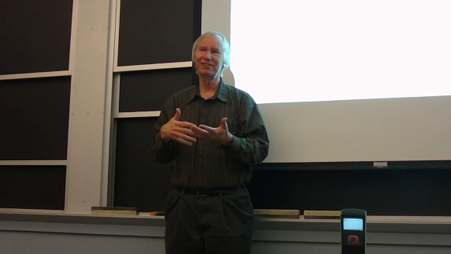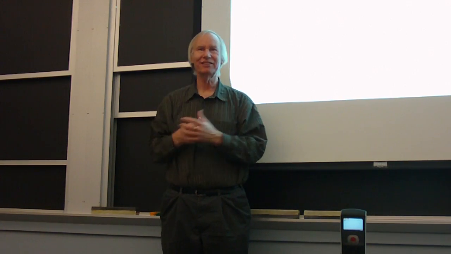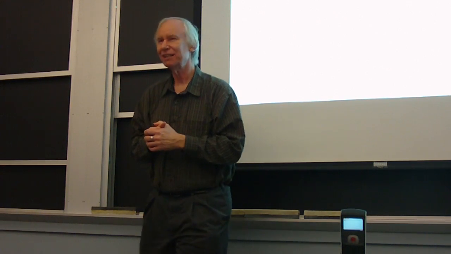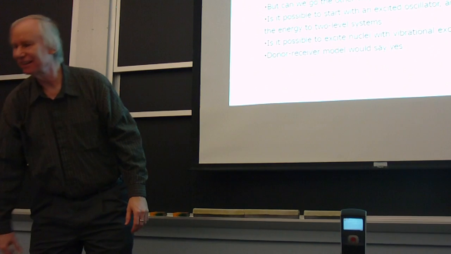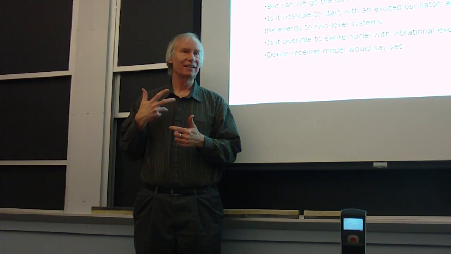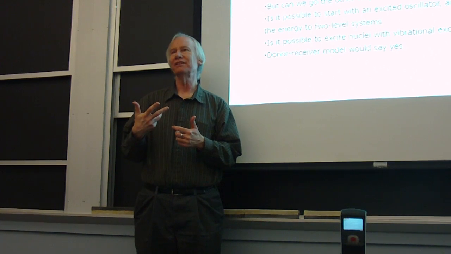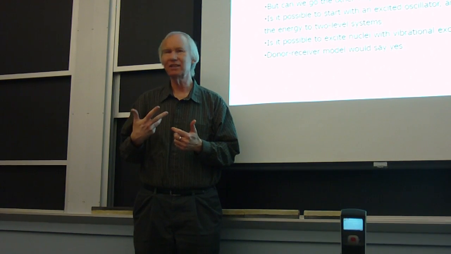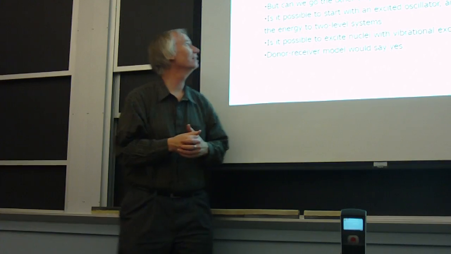That these models say that you should be able to go from vibrational energy and get the energy back to the nuclei. And I thought, well, that would be really interesting. If we could go the other way, then that would prove that this bit of physics can work, and then we could be sure.